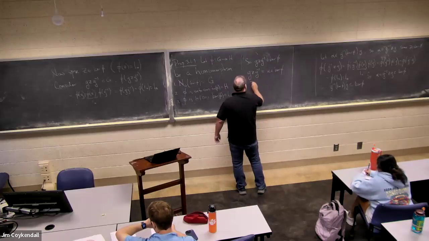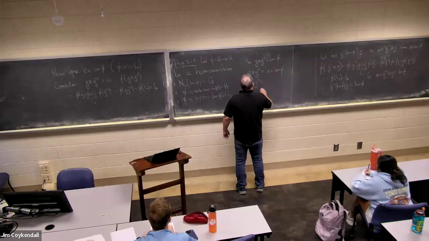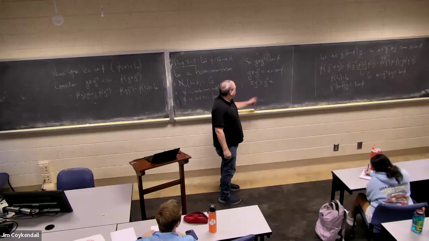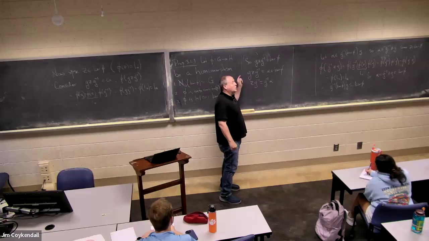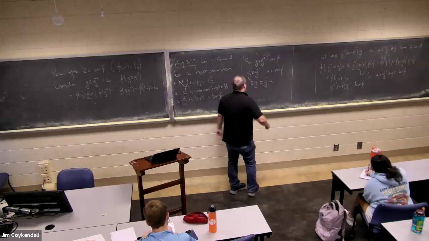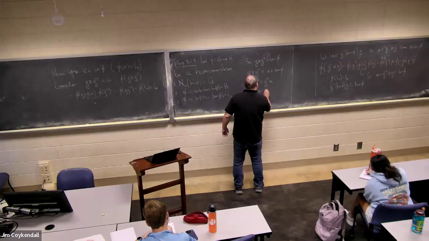Now, this means that C G inverse equals G inverse alpha. I multiply on the right side by G inverse, and then on the left.